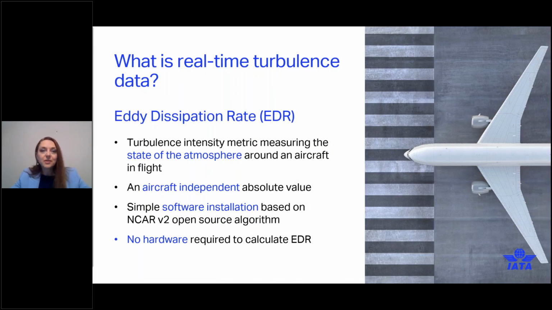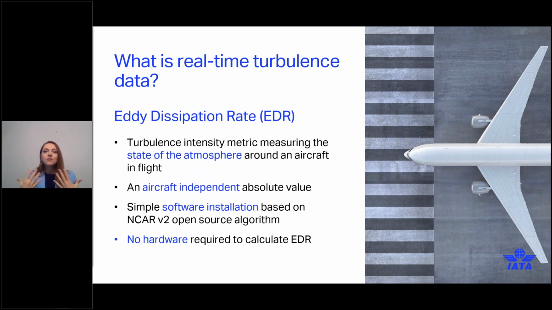Yeah, so what is this turbulence measurement and the data that we're talking about? I'm not sure how many of you are familiar with the concept of EDR or eddy dissipation rate, but it is the official metric that ICAO is using for measuring turbulence. And what it shows is the state of the atmosphere around the aircraft in flight.